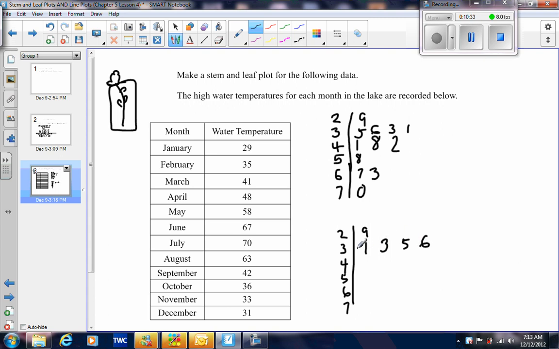So just putting them in order from least to greatest. 41, 42, 48. Only one leaf here, that's 58, 63, 67, and 70.